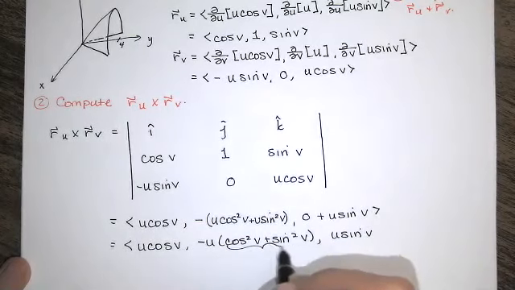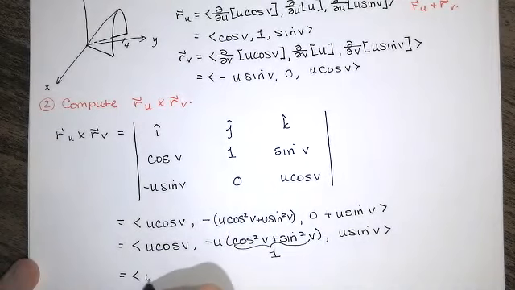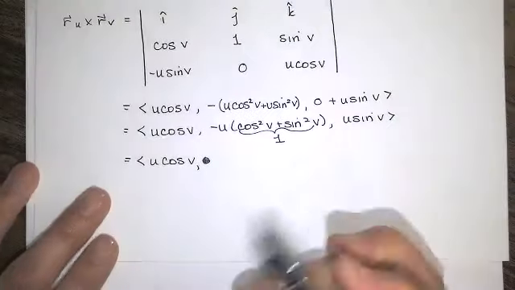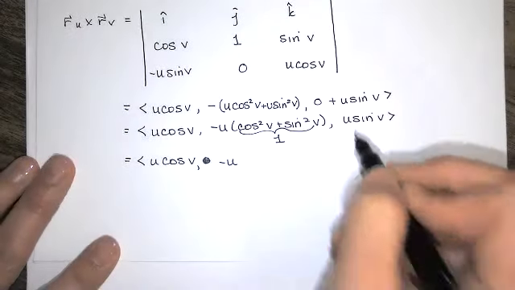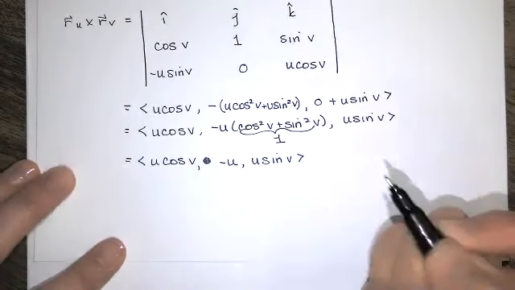And look, we get cosine squared plus sine squared, same angle, so it's 1. Very nice. Nice and easy. So that's our x component. Our y component is just negative u, and our z component is u sine of v.